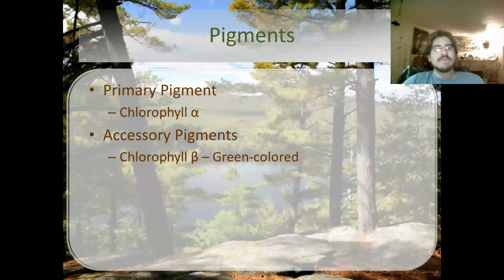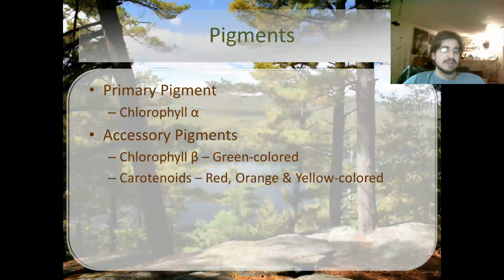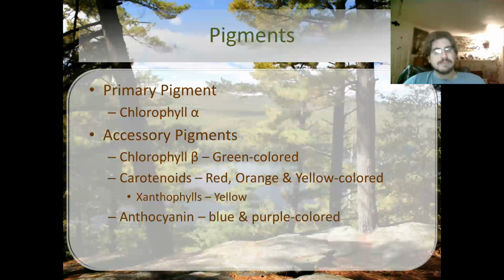So we have chlorophyll beta, which is still green in appearance. Then we have the carotenoids. Carotenoids are red, orange, and yellow colored in appearance. Xanthophylls are yellow. Then we have the anthocyanins. Anthocyanins tend to be blue and purple in appearance.